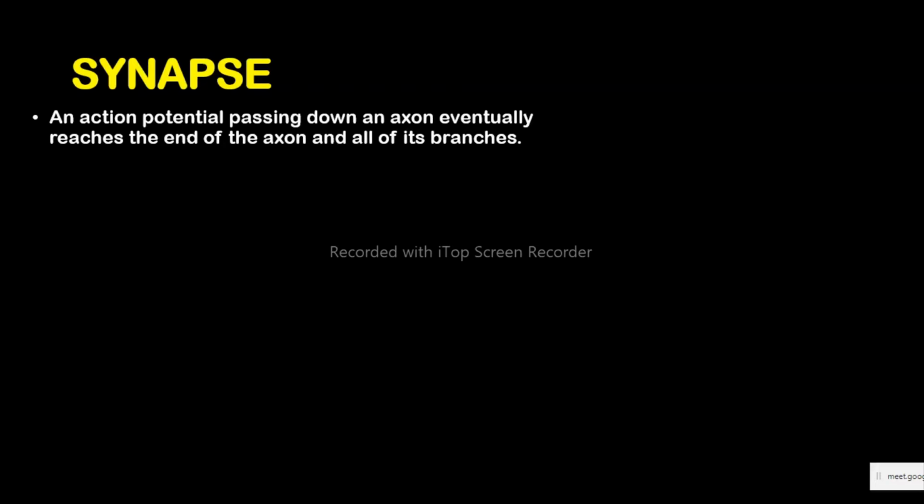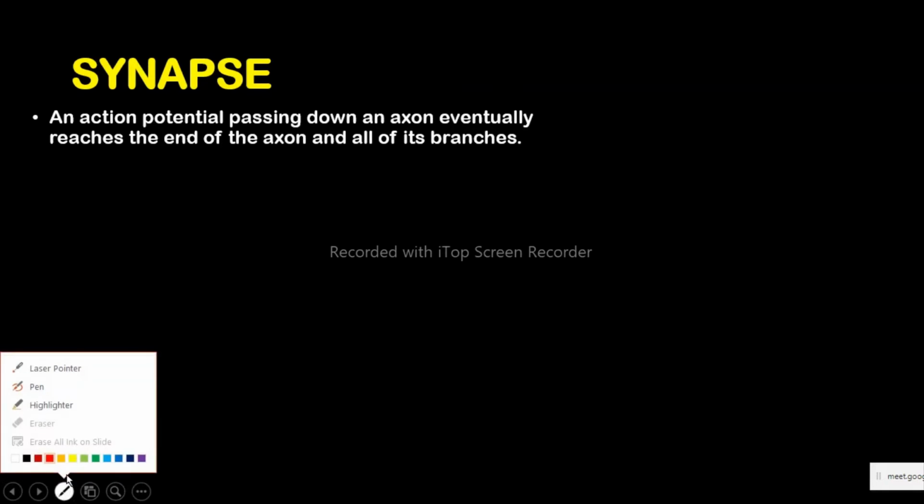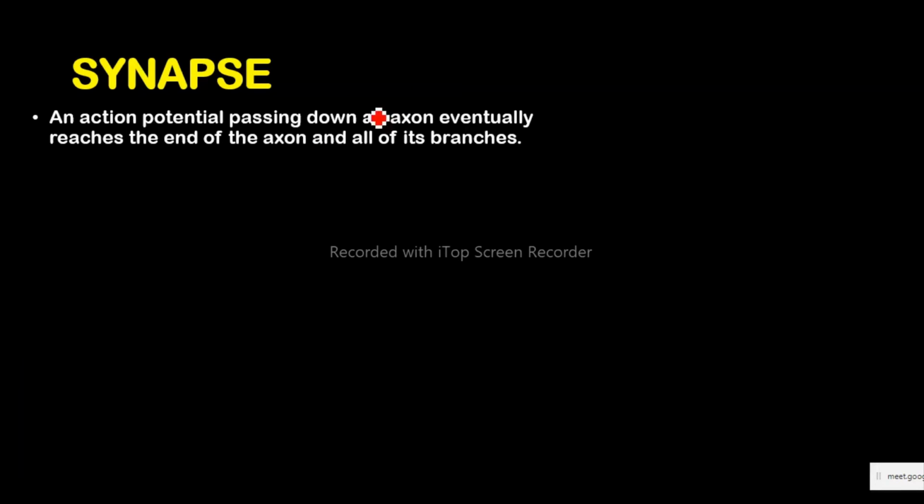And it is simple. So an action potential that is passing down an axon eventually reaches the end of an axon, okay, and all of its branches.